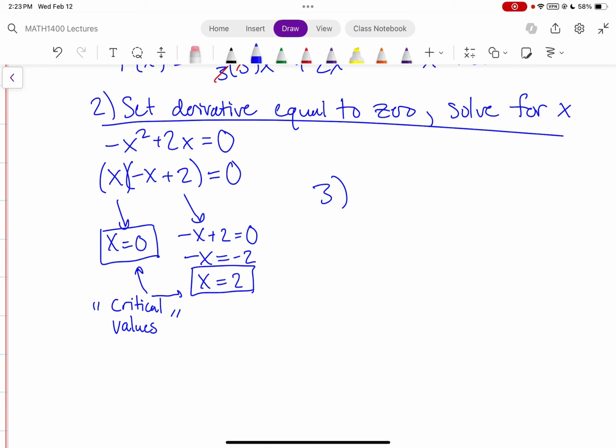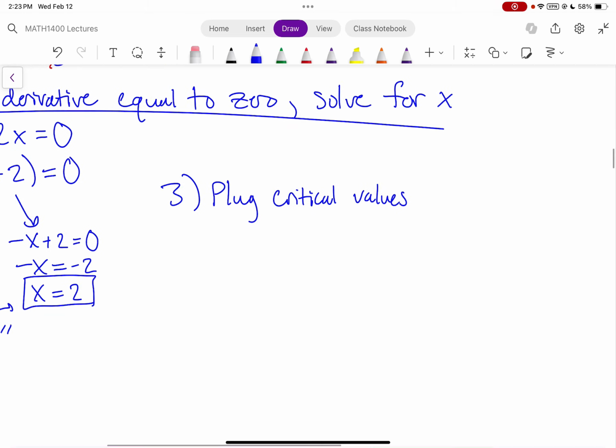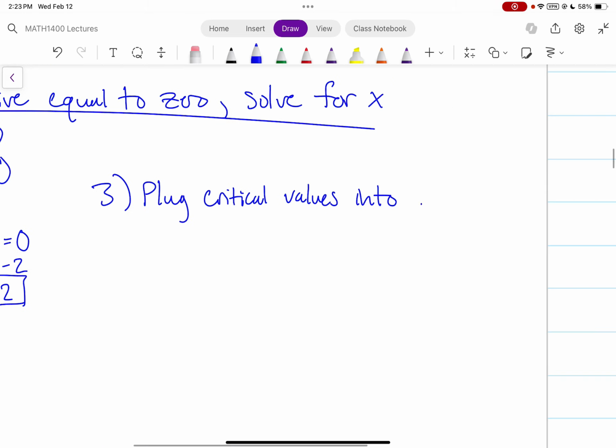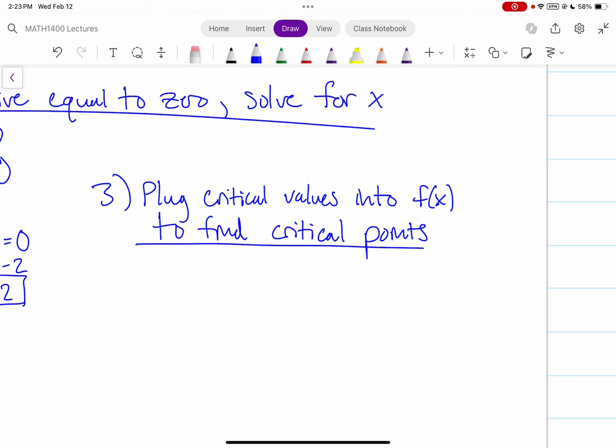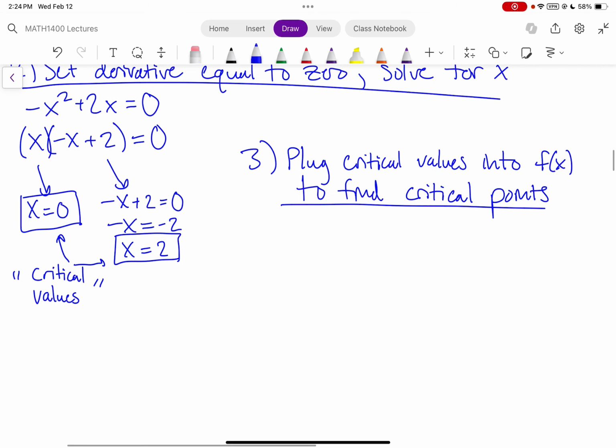So step 3: plug the critical values into the original function to find the critical points.